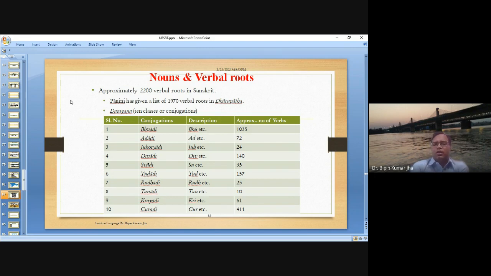Along with these, you have more suffixes, which will be treated as krit, stri, and taddhita. But krit suffixes are very interesting, because they help us to create sentences easily. So we will learn those suffixes also.